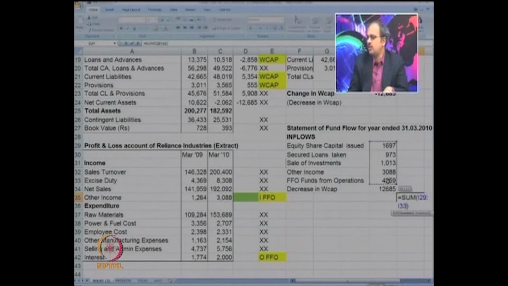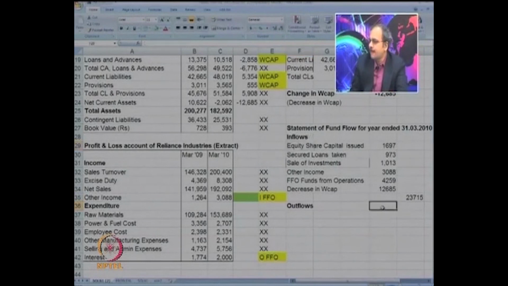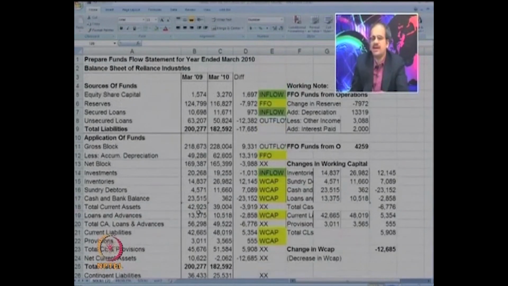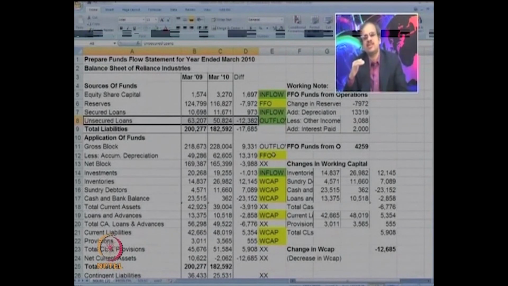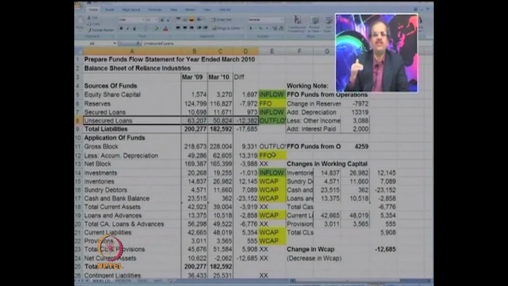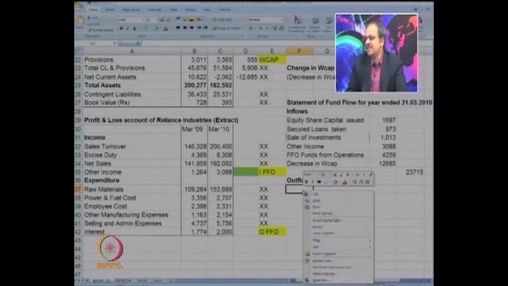Now let us try to calculate the total outflows. For outflows, you again go back to the main statement and take a look at the various items given. The first one you can see is unsecured loan. There is a decrease in unsecured loan from 63 to 50. So the company must have repaid the unsecured loan, and I will take it as an outflow.